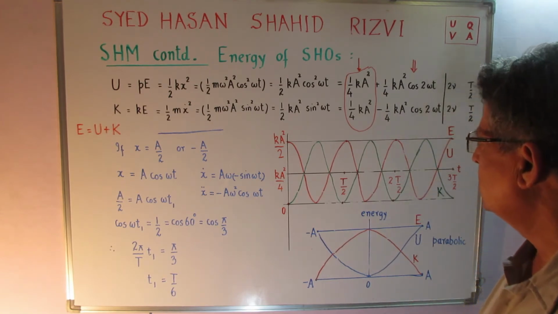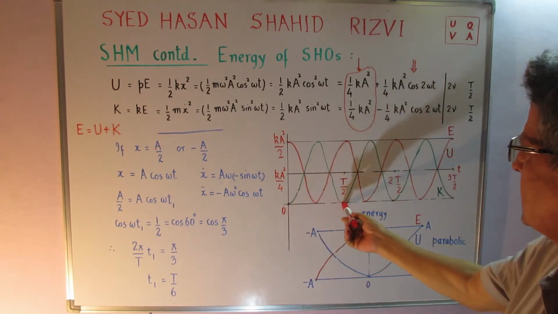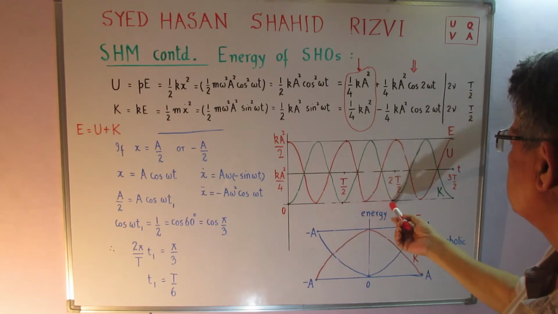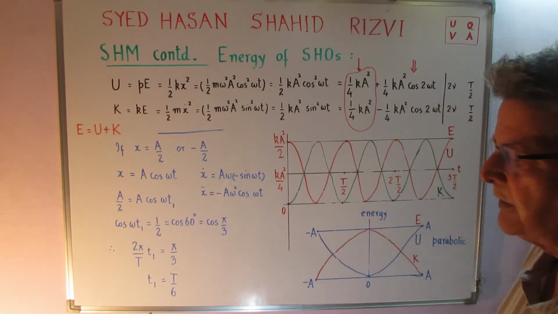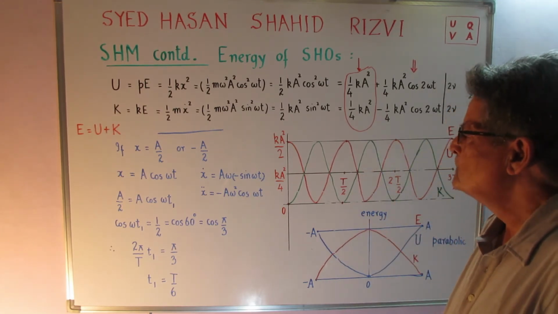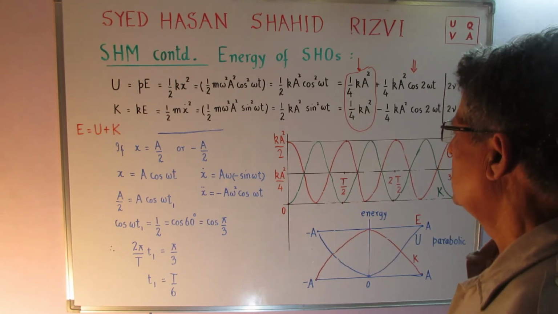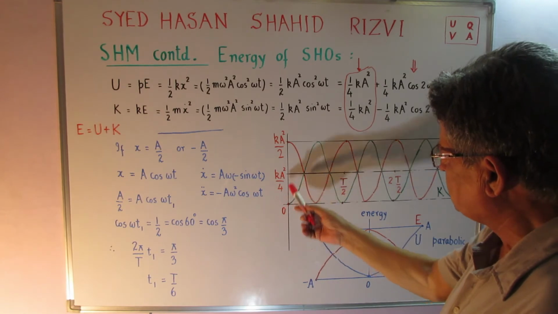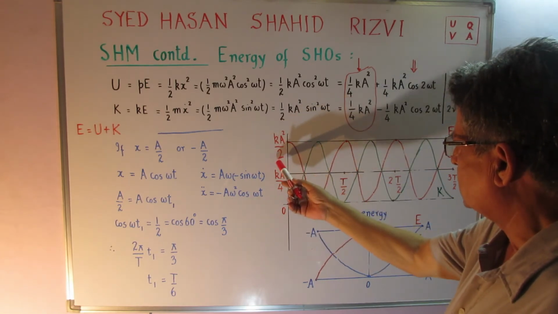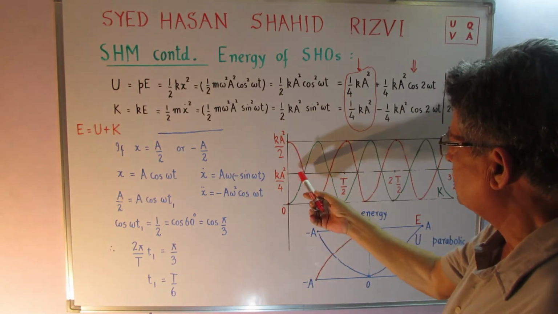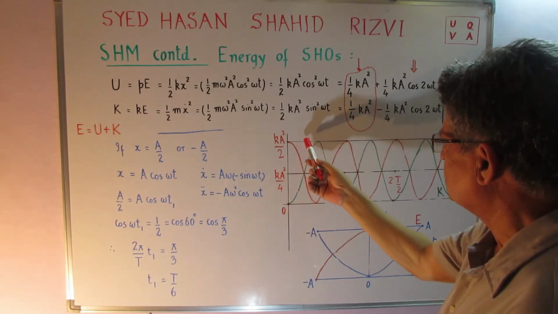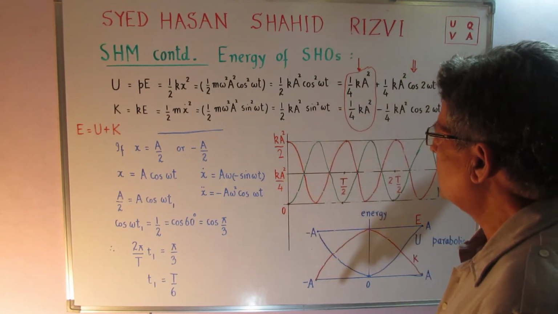So again I can say that from here to here T by 2, here to here it is T by 2, and here to here again it's T by 2. So when I sum them up, this is 0, this is the maximum, k a square by 2. Here both are equal, k square by 4, this plus this is k square by 2.